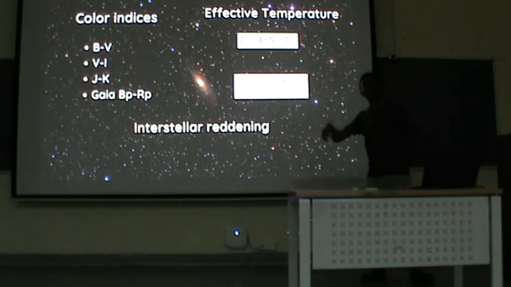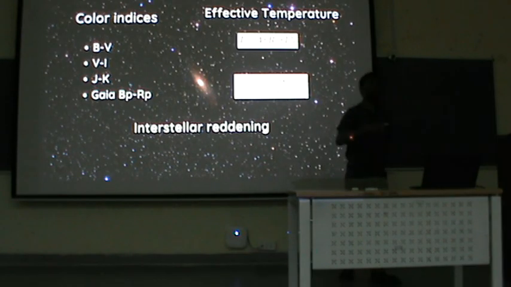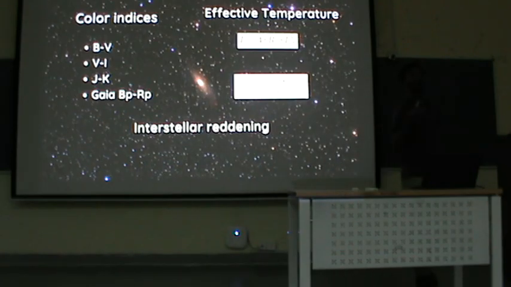Another application is interstellar radiation. Suppose you have eliminated the atmospheric effect, but there can still be interstellar dust and gases between you and the object of your interest. That basically decreases the brightness of your object.